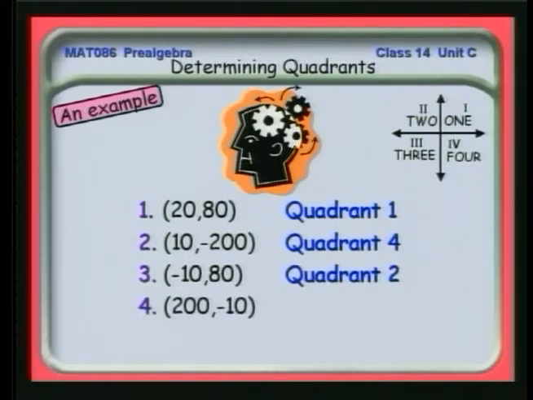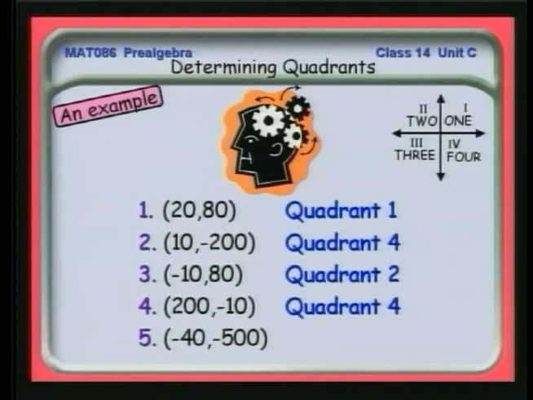X is positive, y is negative, that's quadrant 4. I'm sure you get the idea of this very quickly. Let's change topics now. Oops, I missed one here. How about minus 40, minus 500? Both are negative. I should have known that I left out an important quadrant, quadrant 3.